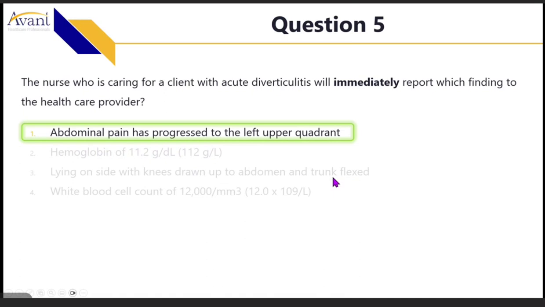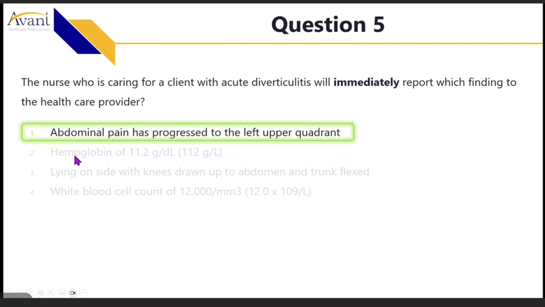Well, diverticulitis is painful, number 1, and frequently drawing up into this fetal position does help relieve the pain to some extent. So this is not an unexpected position to find your patient in. And your white blood cell count of 12,000. This is a mild elevation from 10 to 12, and it is common with diverticulitis because of the inflammatory and infectious kind of symptomology that occurs with that.